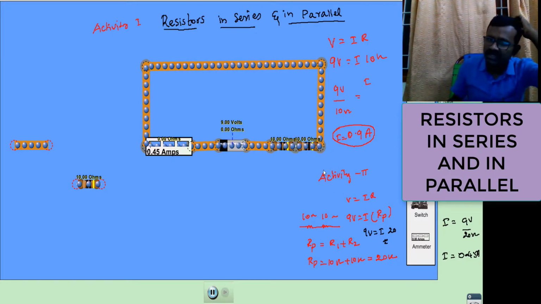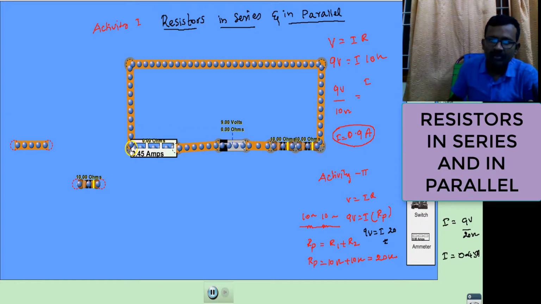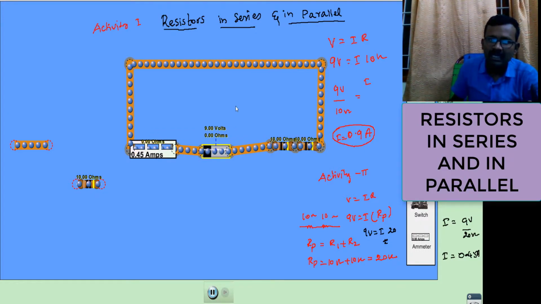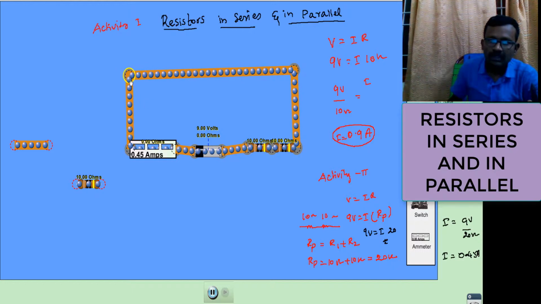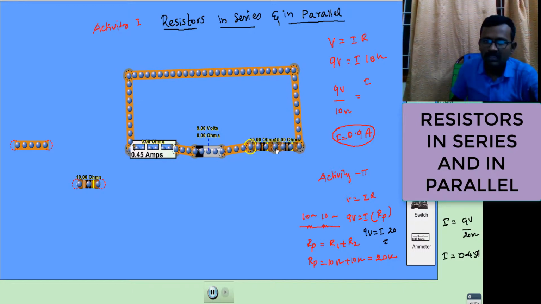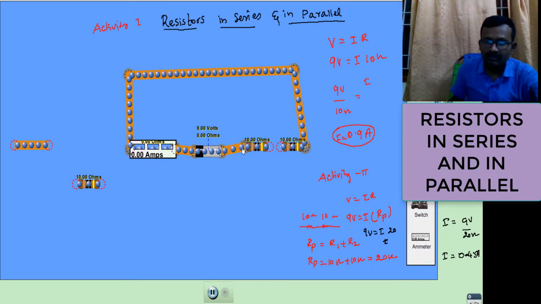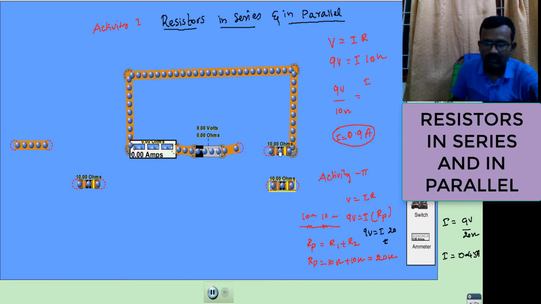In activity number 3, we'll connect all the resistors in parallel. Now I split this junction, split this also, then I bring it here. Keep the resistor like that. Then we want to disconnect this junction also.